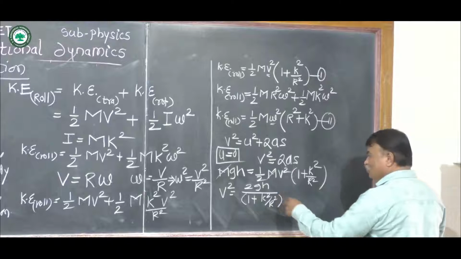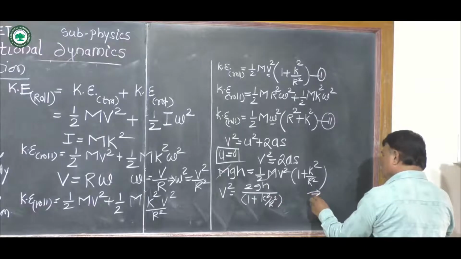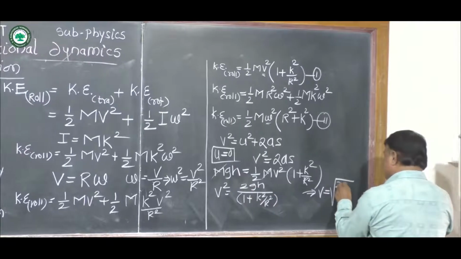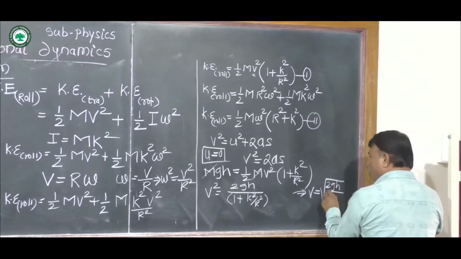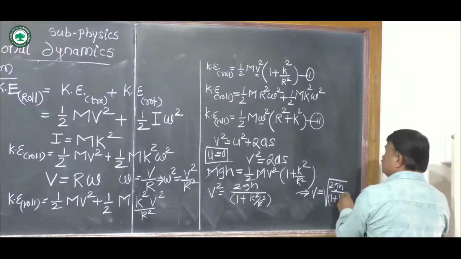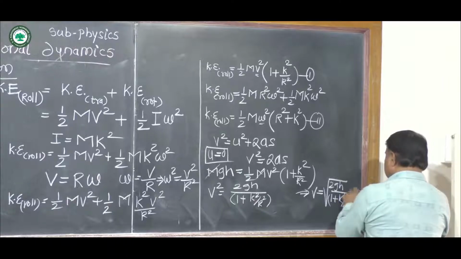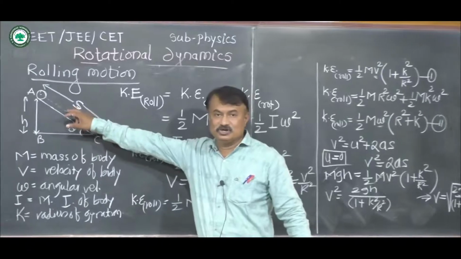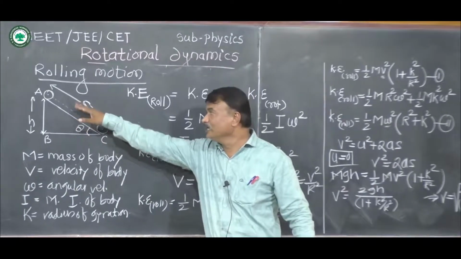By taking the square root, we get v equal to under root of twice gh upon 1 plus k square upon r square. This is equation 3. Equation 3 gives us the linear velocity of this object which is moving along this path in a rolling motion.